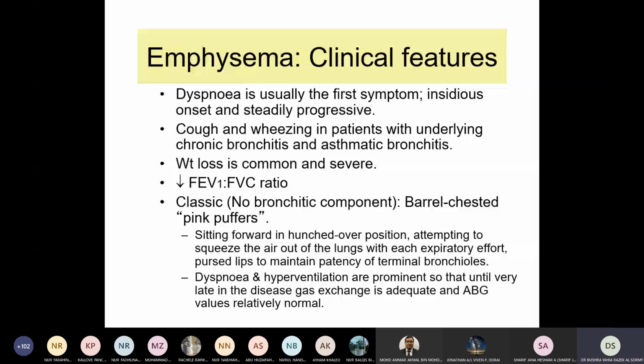So the patient usually sits forward in a hunched over position, attempting to squeeze the air out of the lung with each expiratory effort. We call it pursed lips, to maintain the terminal bronchioles.